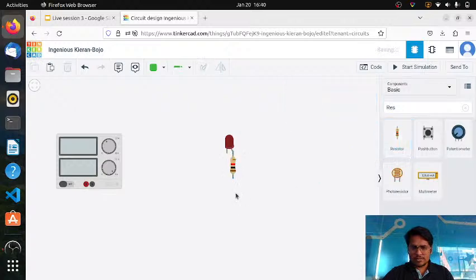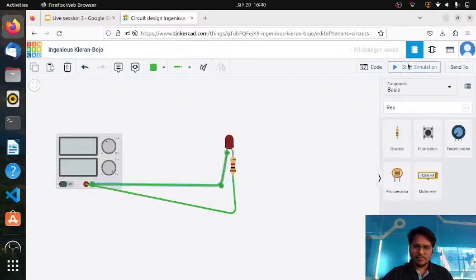So let's see. This is positive, I will connect to positive. This is negative, I will connect to negative. And you can see the LED is glowing. But if I do the reverse, it will not glow.